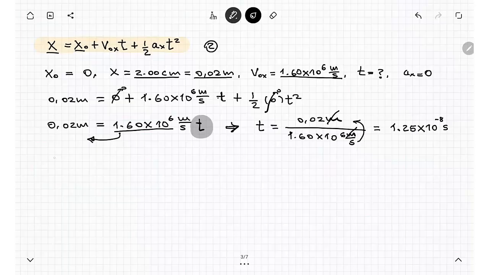So the time that the particle travels inside the plates is 1.25 times 10 to the minus 8th power seconds. Okay guys, this is the time that we wanted to find.